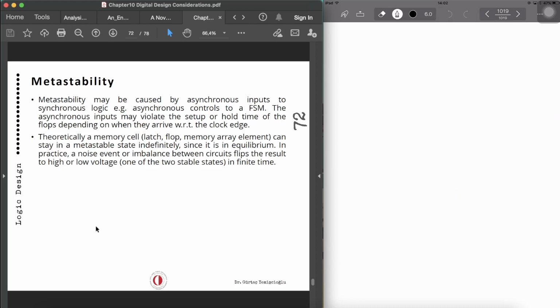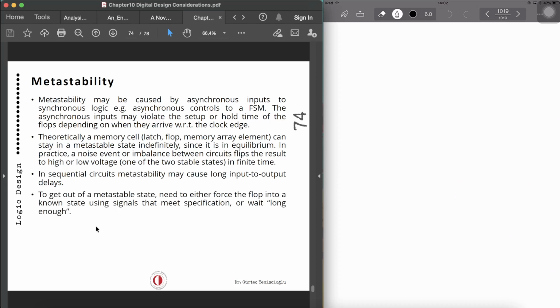In sequential circuits this may cause long input-to-output delays, because whenever the input signal does not meet the setup and hold time of the given flip-flop, metastability might occur. So outputs keep oscillating between 0 and 1. In the end, it can appear that a flip-flop switches late or doesn't switch at all.